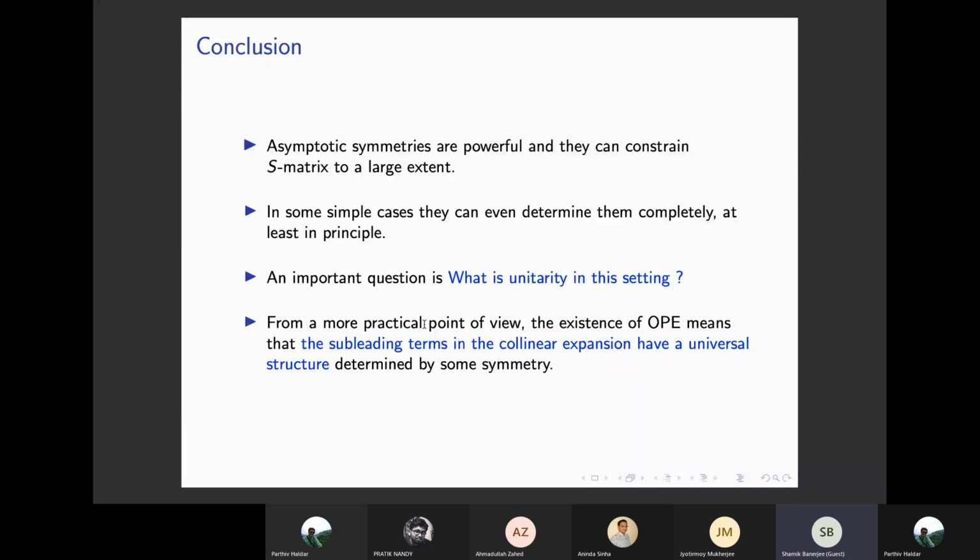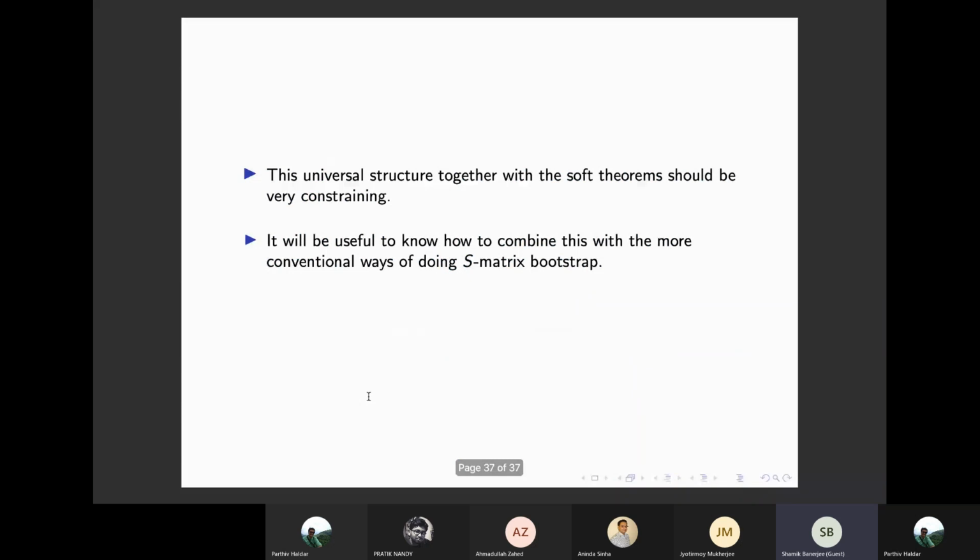Now an important question is what is unitarity on the celestial sphere, and I will stop by saying that it will be useful to know how to combine this with the more conventional ways of doing the S matrix bootstrap, where you have massless particles as external states.